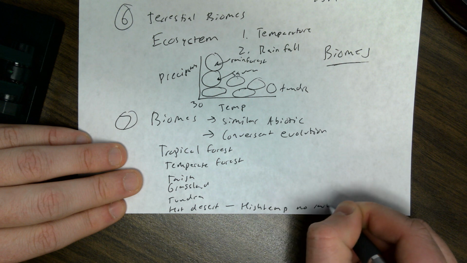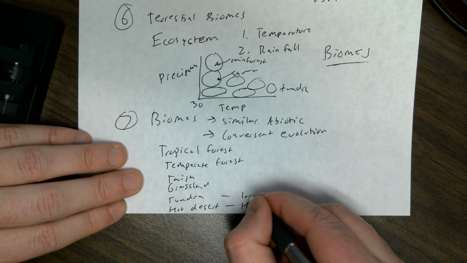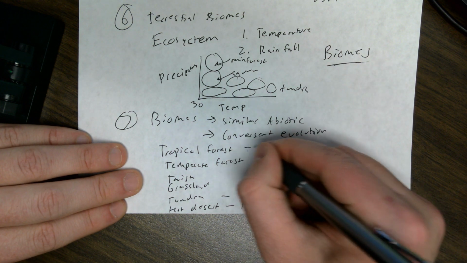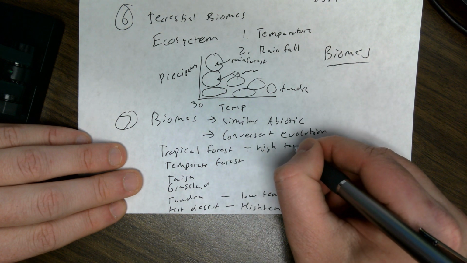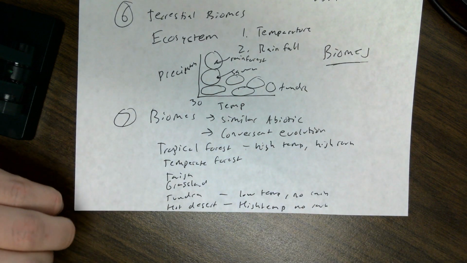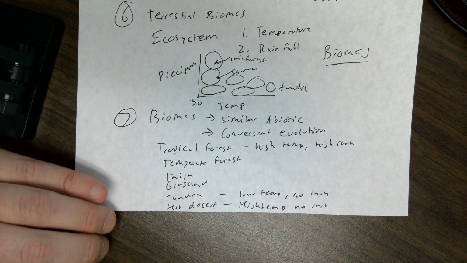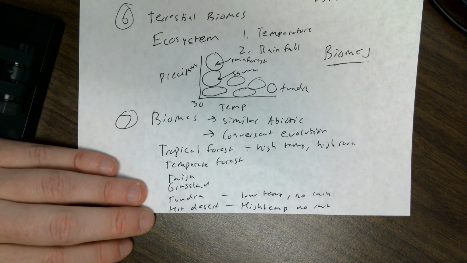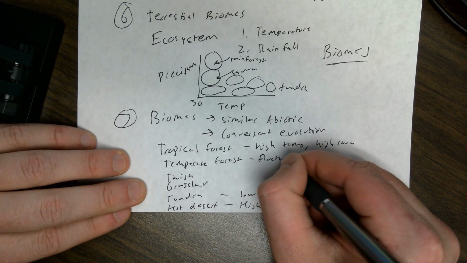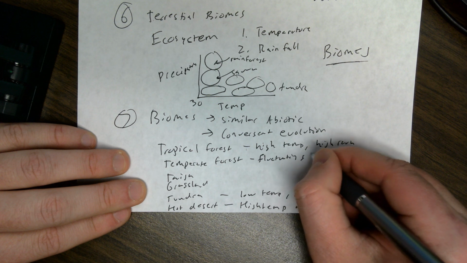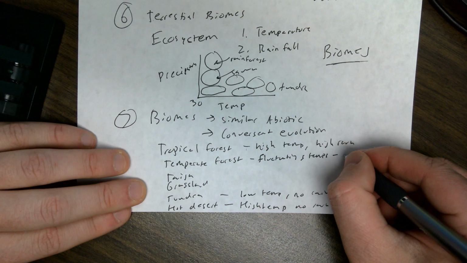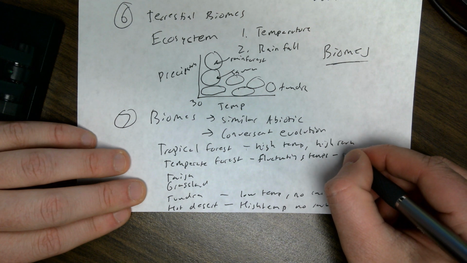no rain. Oh, tundra is easy too. Low temp, no rain. Tropical forest is high temp, high rain. Then the middle three are a little more unique, right? So our temperate forest is going to have kind of fluctuating temperatures, averaging around medium, with still pretty decent rainfall, so medium to high rainfall.